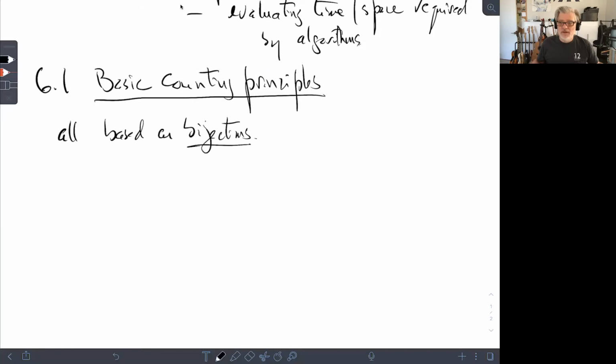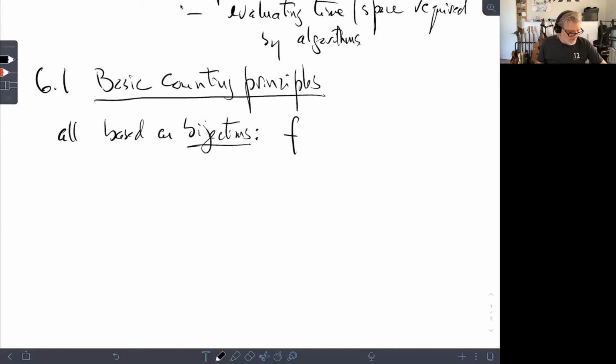Right? So you remember what a bijection is. You have a map between two sets, which tells you basically they have the same number of elements. So if you're counting one set and you have a bijection to another set, then you know that they have the same number of elements. So you can infer things like that, right? So what's a bijection?